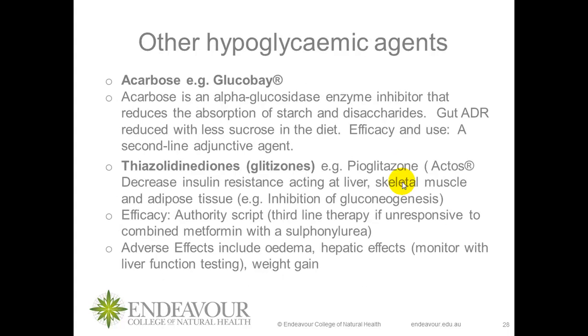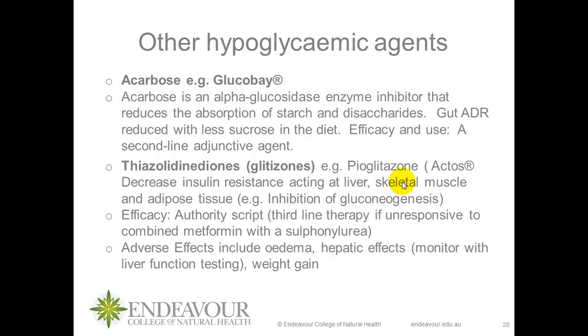So the other oral hypoglycemic agents that we showed you on the chart: acarbose, which is sold under the brand name Glucobay. Acarbose is actually a carbohydrate, an alpha-glucosidase enzyme inhibitor. It reduces the absorption of starch and disaccharides.